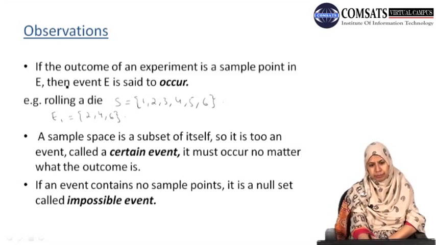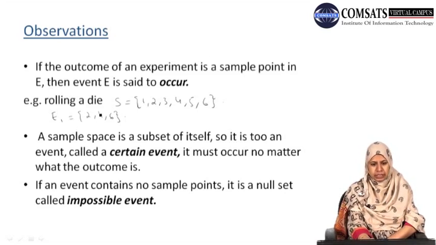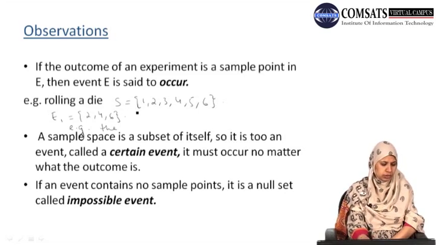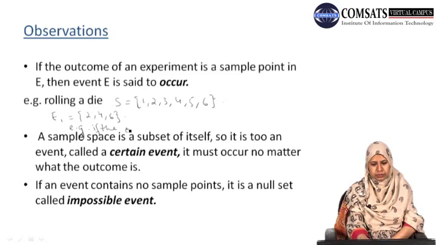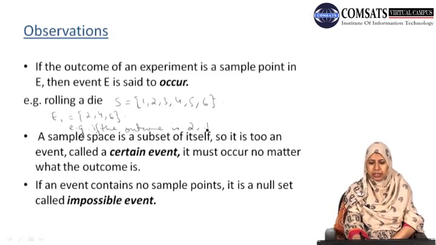If the outcome 2 occurs, this 2 is a sample point in our event, which means that our event E1 should occur.